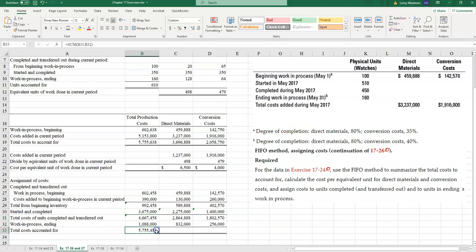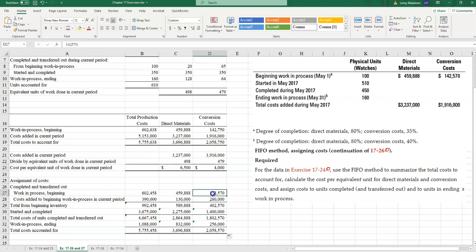And when I do that and I go across the board like that, I will see that these numbers match from conversion costs, direct materials, and then my work in process. And actually, I made that error up here.